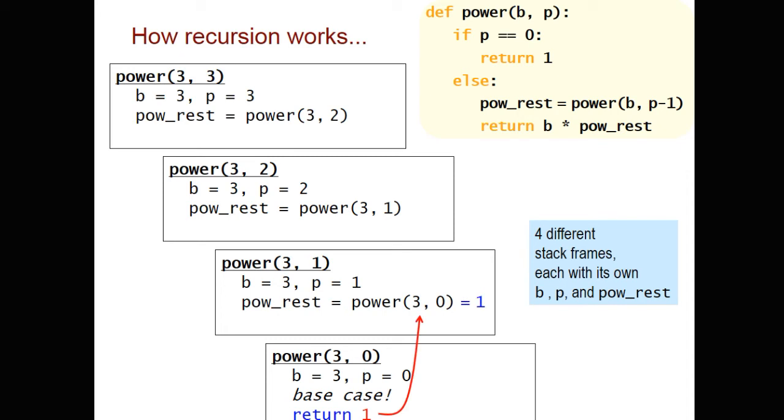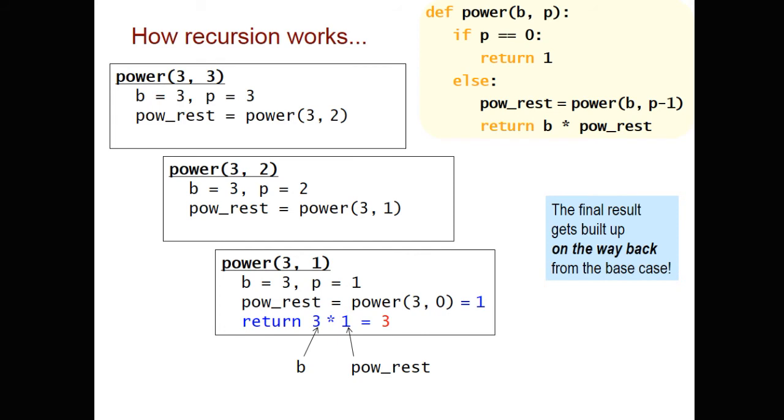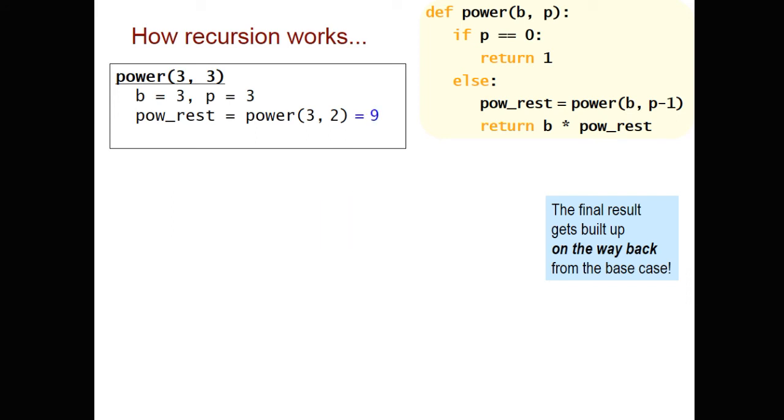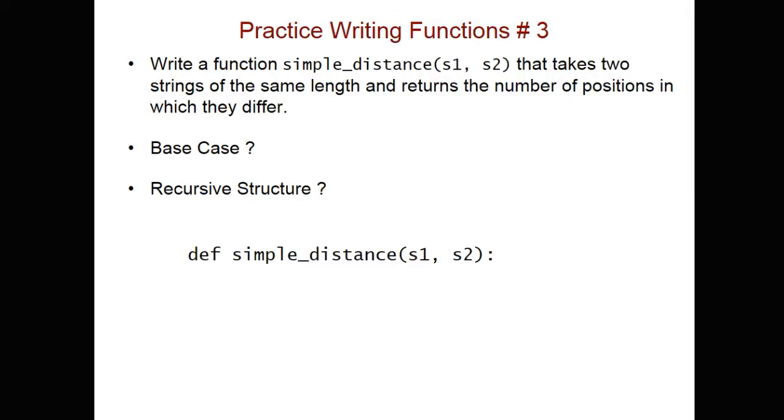And with solving the base case, we can solve the power of 3 and 1, whose result is going to be 3, and the result of power of 3 and 2 is going to be 9, and finally we have 27 as the final answer.